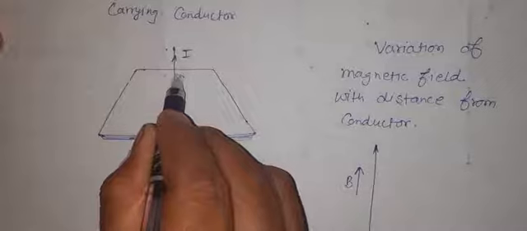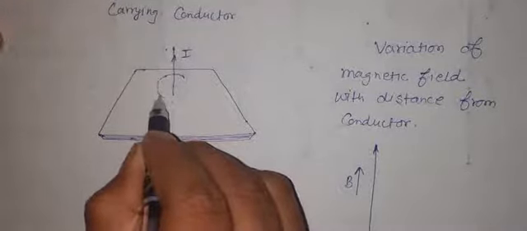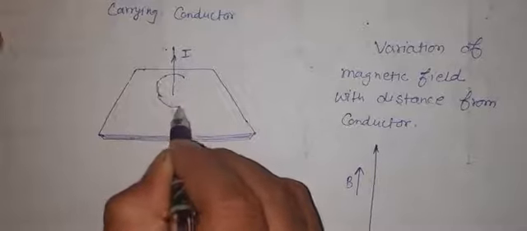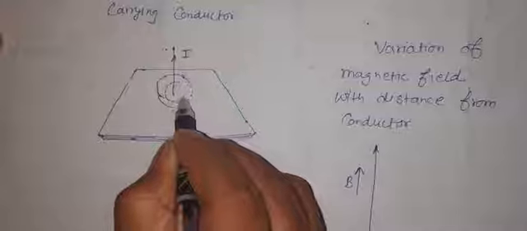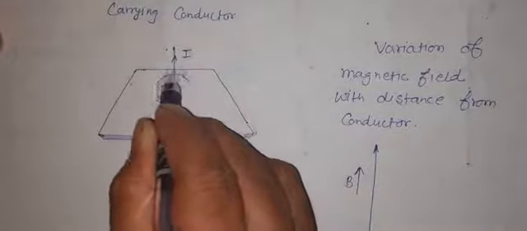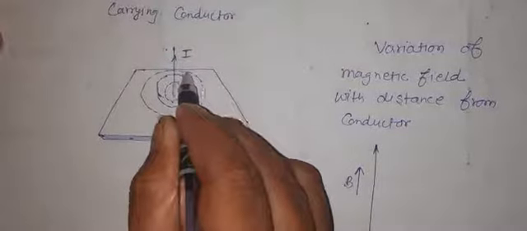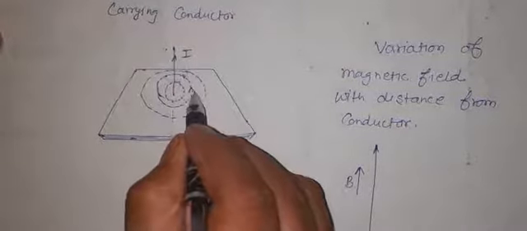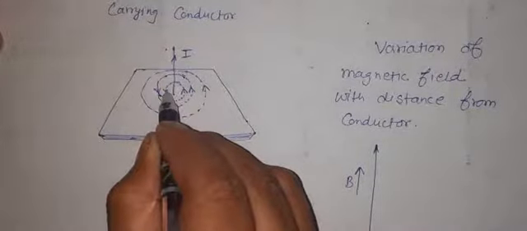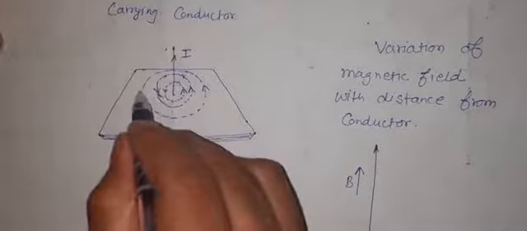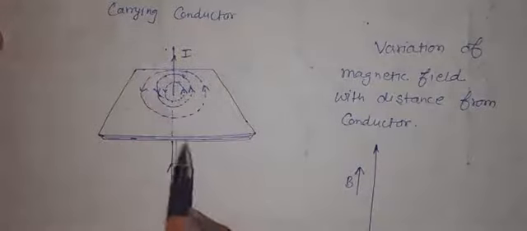So an anti-clockwise magnetic field is produced over here. This is the concentric form of circles. On one side the magnetic field is shown upward, on the other side it is downward.